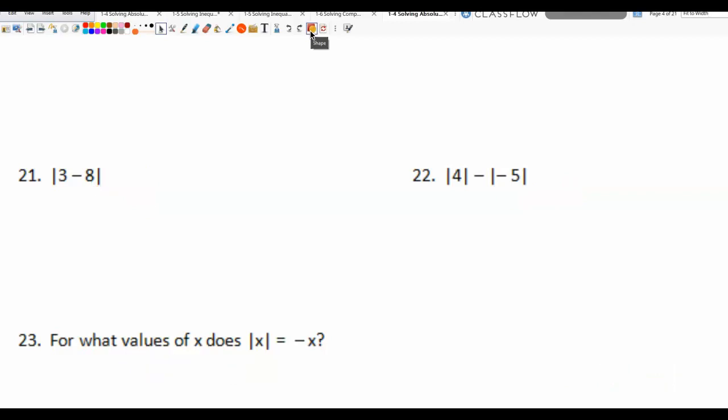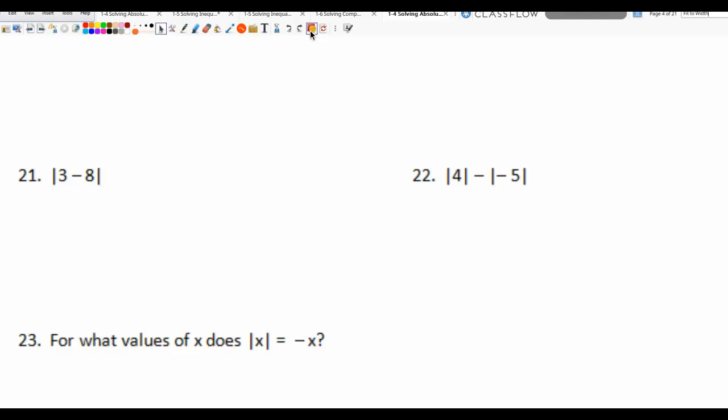And then number 23, or example 23. For what value of x does absolute value of x equal negative x? Well, can I take an absolute value of a number and it equal a negative? There is only one number in the world that this holds true for.